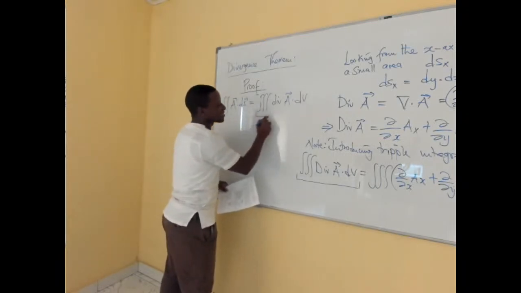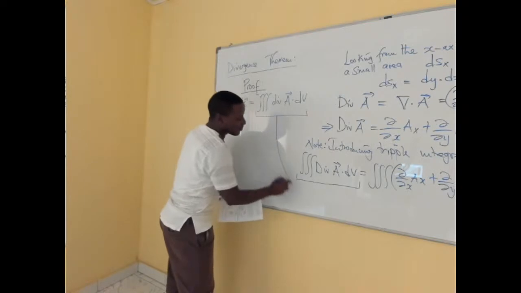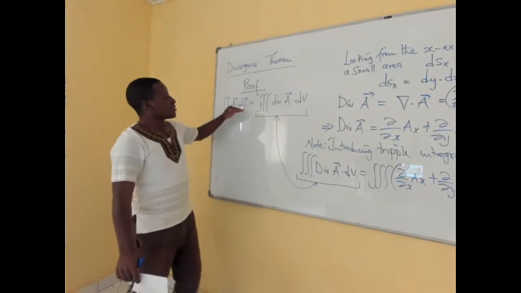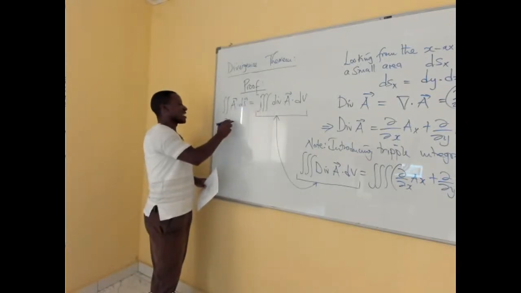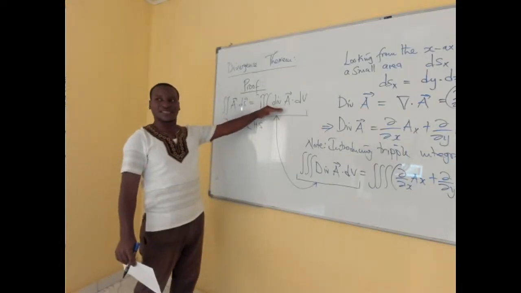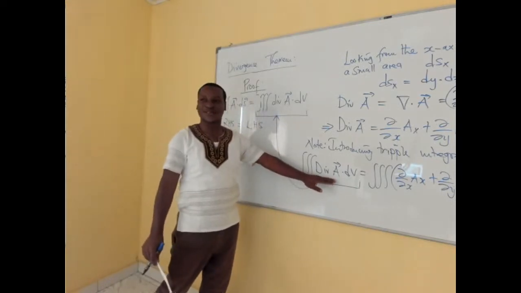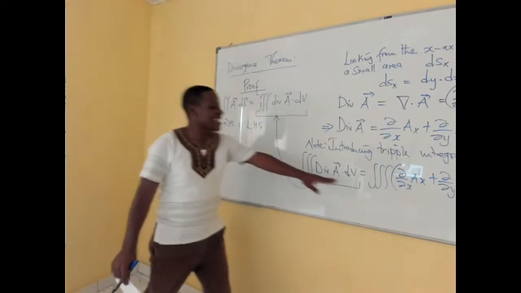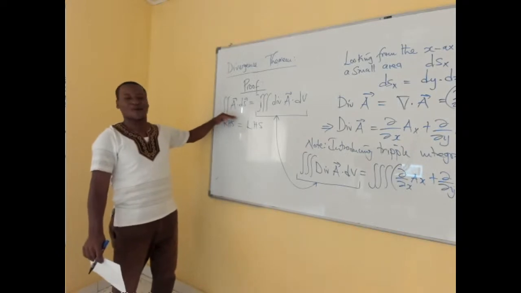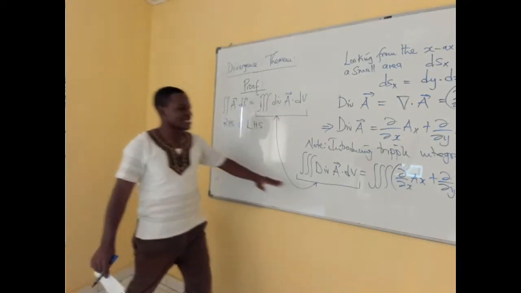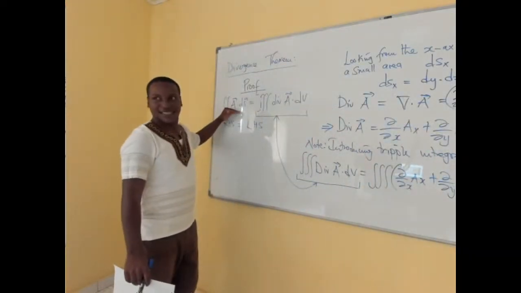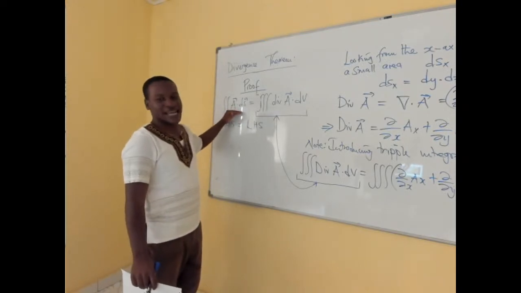So if you look at this, this is what we are proving. This is the same as that. So the right-hand side of this equation must be equal to the left-hand side of this equation, and that is the work we're supposed to prove. We must prove that this right-hand side can be reduced to this. That is one thing that we need to prove when we are done.